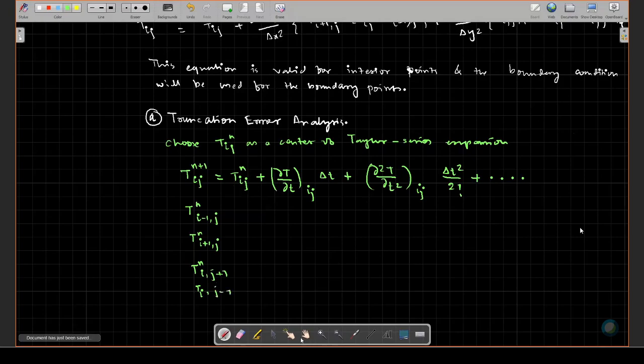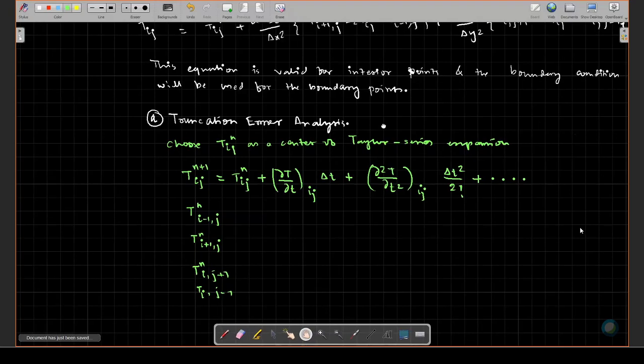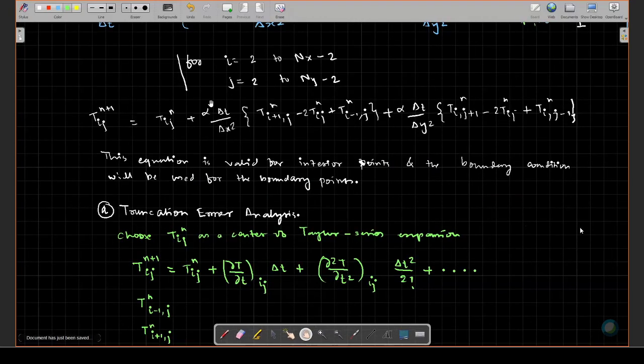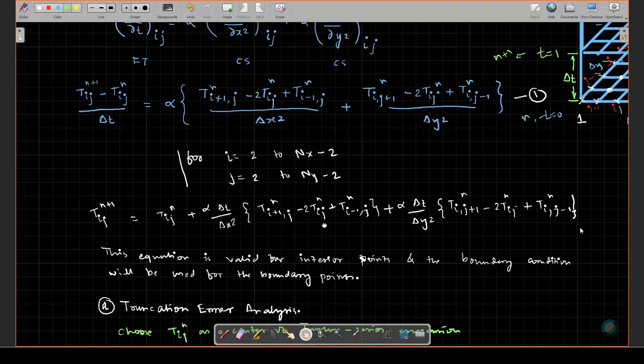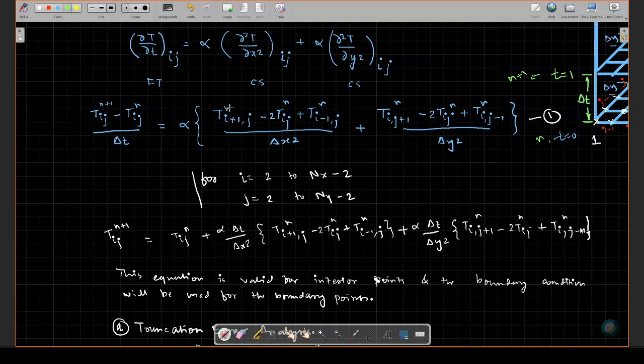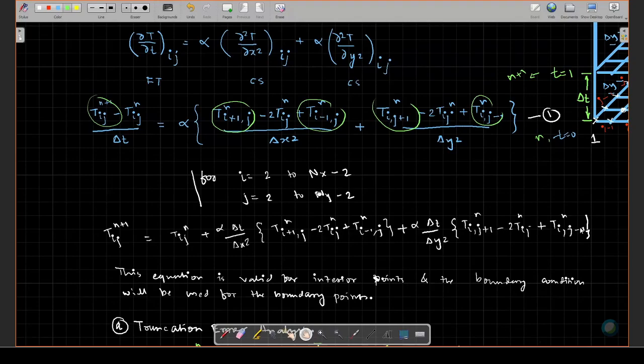You see these are the terms in your truncation, this discretized equation. We would like to know how this expression is obtained using Taylor series. So we want to get this term, this term, this term, this and this. For that we need Taylor series expansion around T_ij, and that is what we are doing.